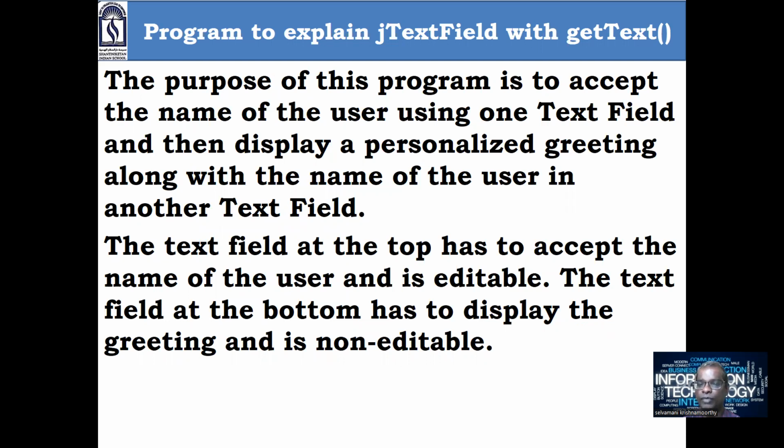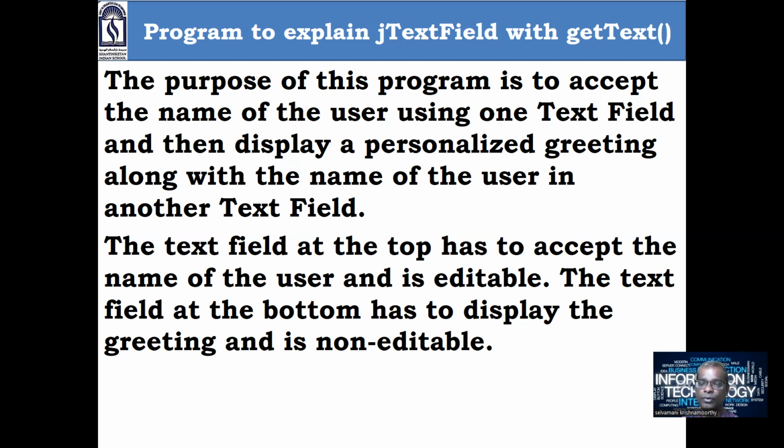That means we need two text fields. In text field 1, we need to type our name. In text field 2, we need to display our name, what we typed in text field 1, along with some greeting message.